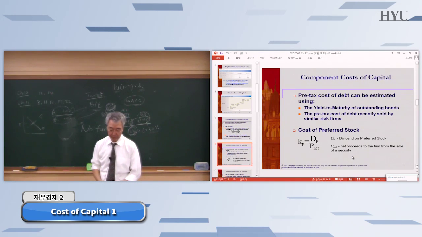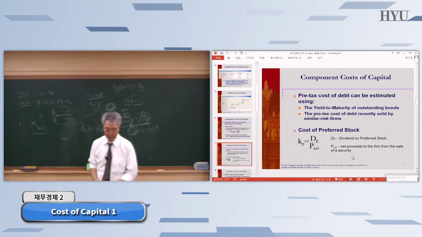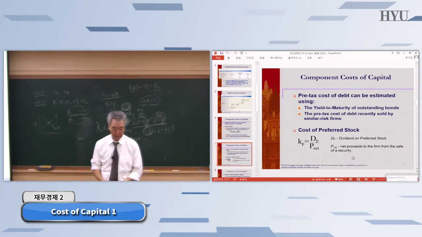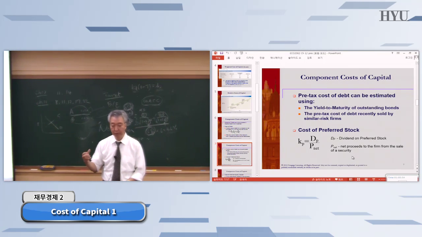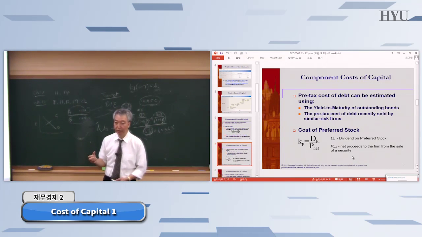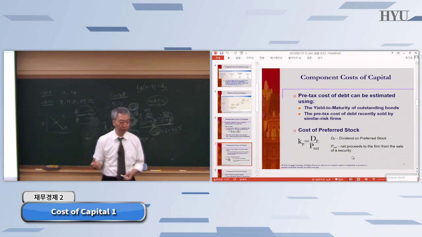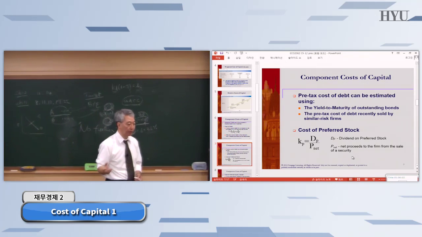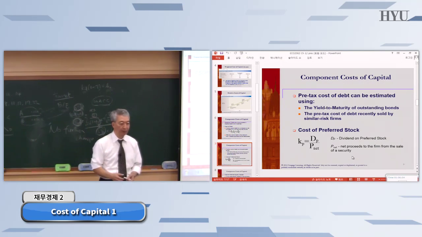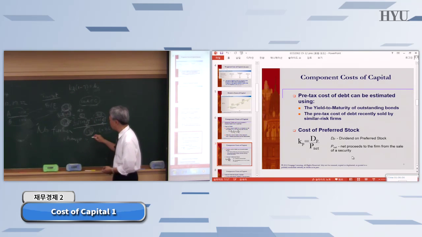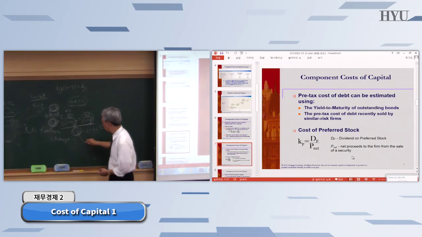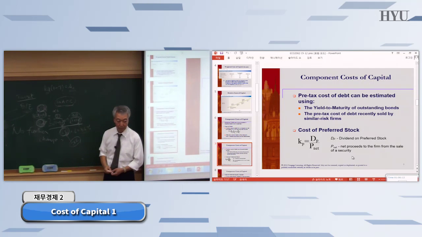So what we're talking about here, right? Think about the situation here. You're trying to start a new project, okay? And you have to decide whether you're going to accept or reject this new project, right? And then what you need is this internal rate of return to make that decision, right?